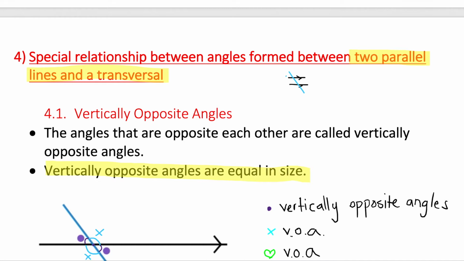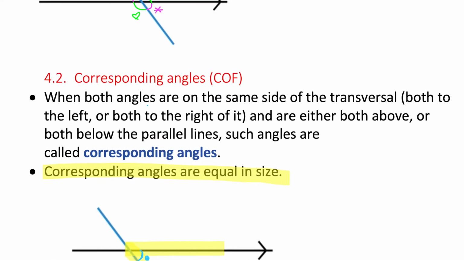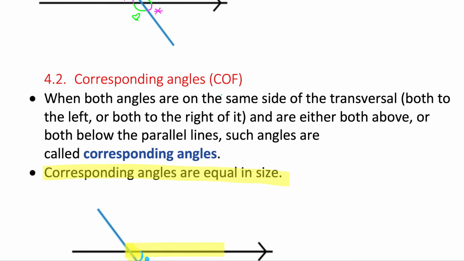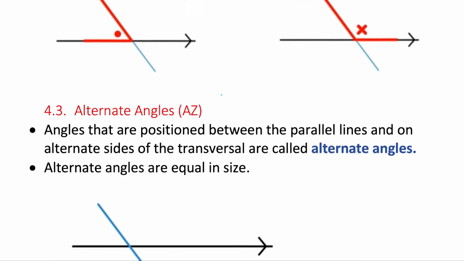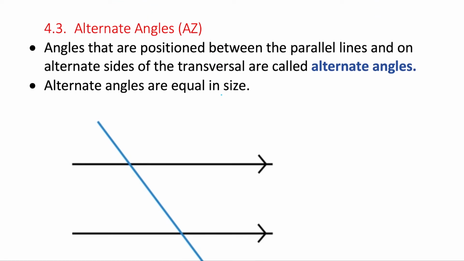Within that subtitle 4 then comes 4.1, that is the one of vertically opposite angles, and also comes 4.2, that is corresponding angles, and also comes 4.3, that is the one that we're talking about now, that is alternate angles.